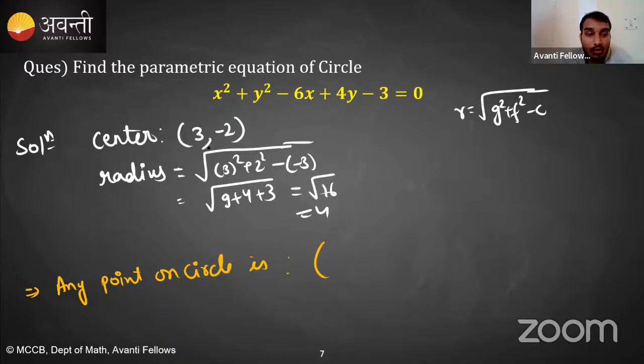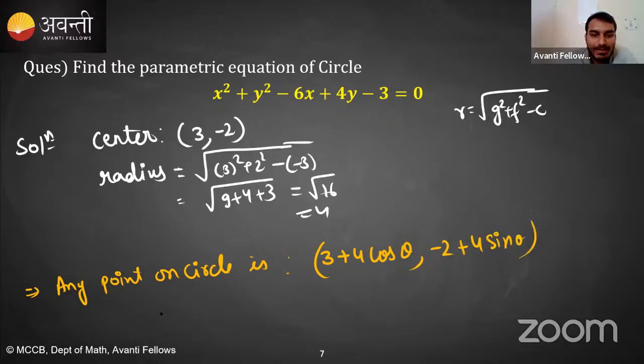So any point on the circle can be written as: x coordinate of the center, 3, plus a cos theta, where a is the radius, 4 cos theta, comma y coordinate of the center, minus 2, plus 4 sin theta. Is that clear?